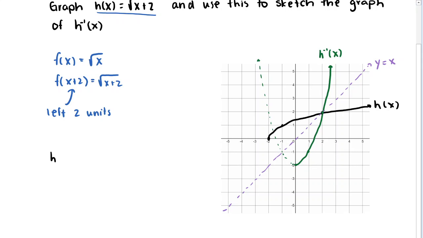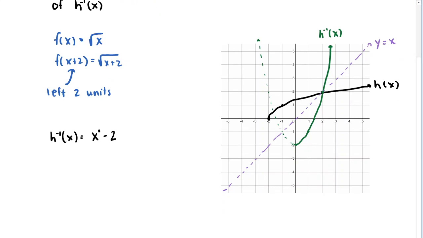So here, h inverse of x is the x squared minus 2 parabola, but really only for values that are greater than or equal to 0. We see that the inverse of our h function is only the right half of this parabola. So it's this parabola, but just for x values greater than or equal to 0.